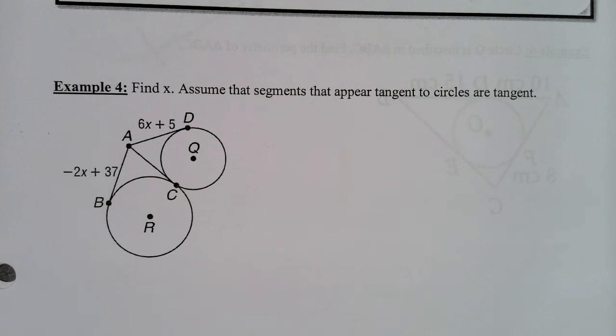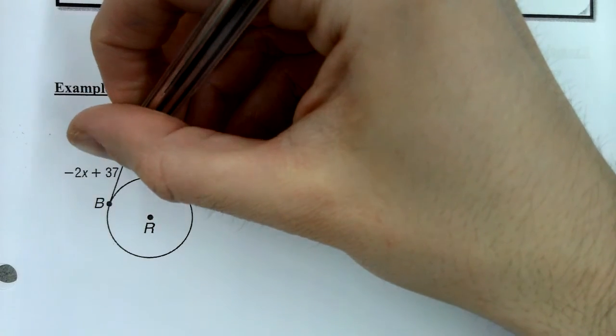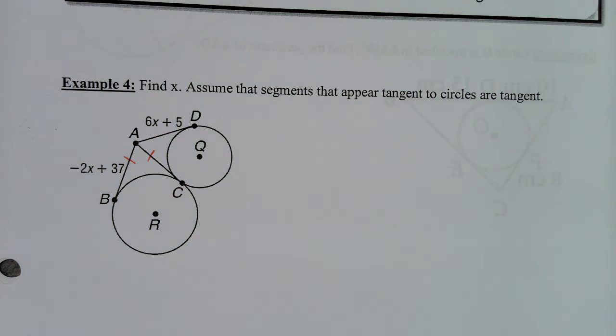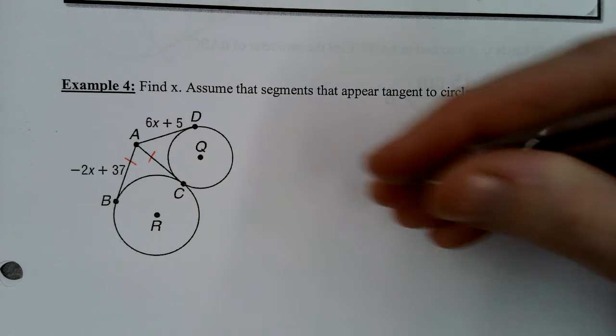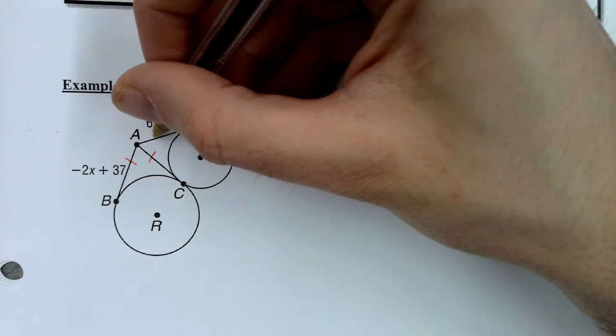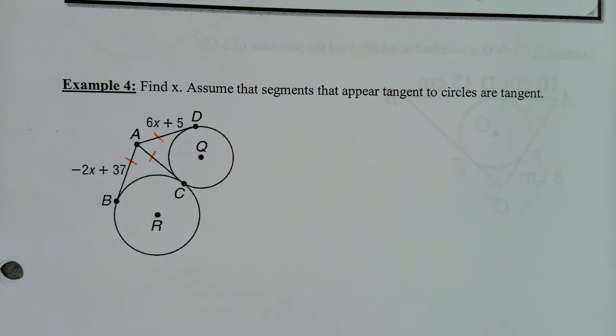AB is congruent to AC because they're both tangent to circle R and they both come from the same point outside the circle, point A. Also, AC and AD are congruent because they are both tangents to circle Q and come from the same exterior point A. So I'll put one tick mark on AD. Due to the transitive property of congruence, all three of those segments are congruent.